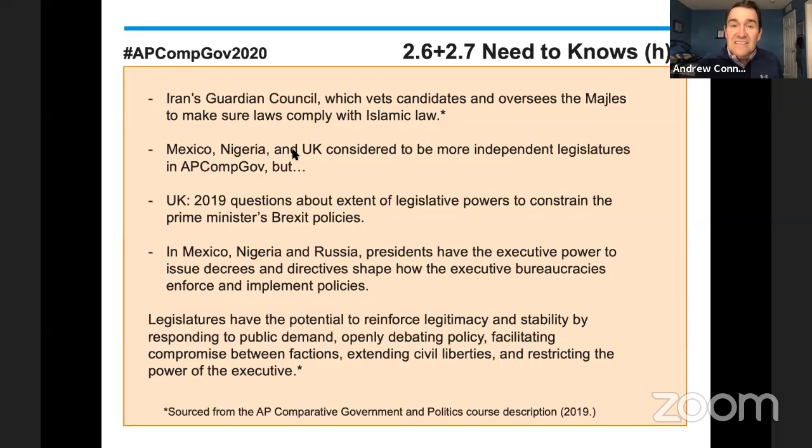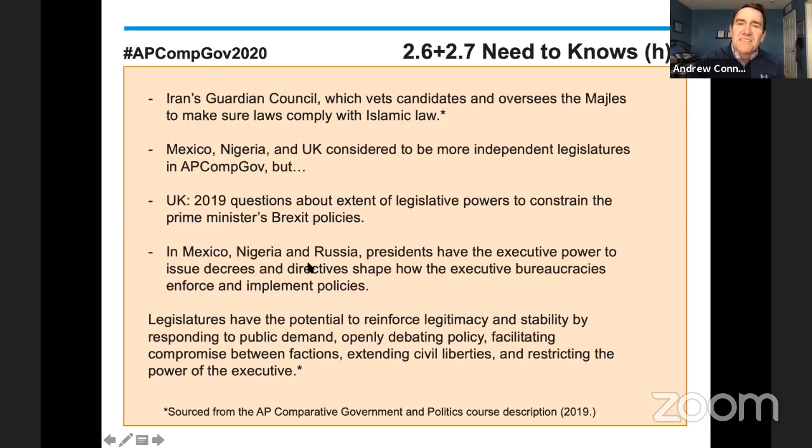And there was a really interesting political science discussion: could the Prime Minister just force policies through, particularly related to Brexit and withdrawal from the European Union? Some political scientists and historians were saying that really the only effective constraint on executive power in the United Kingdom is Commons' ability to vote no confidence in the Prime Minister. So it was really interesting, some current events that were going on in the fall.